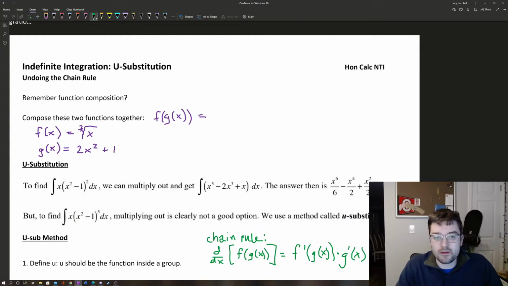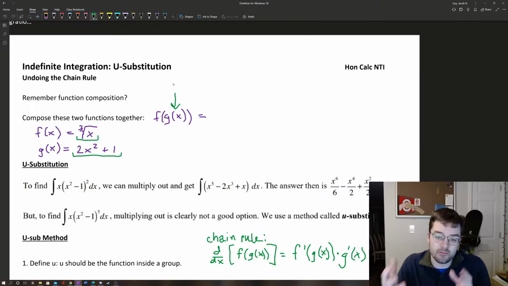The idea with function composition was we had g of x inside of f of x, and we were using that function notation, those symbols that mean function f of x and g of x, to then write an equation based on what they were specifically listed as, this cube root of x and the 2x squared plus 1.